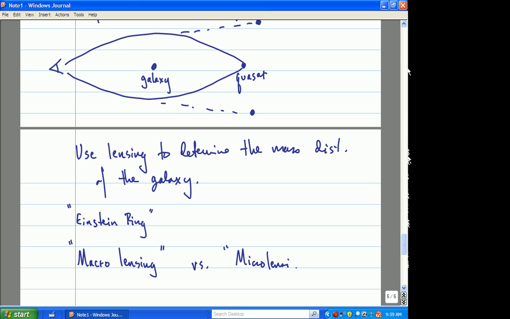That is where you can't even observationally distinguish these two images, but nevertheless you can tell that lensing is occurring because the image is going to get a little bit brighter.